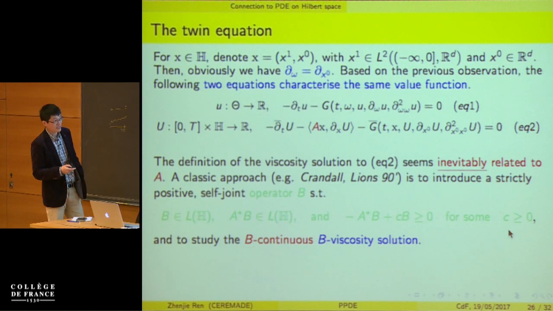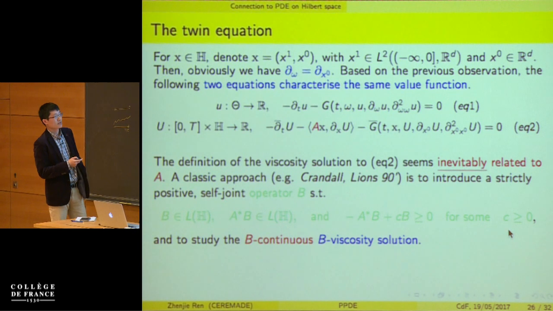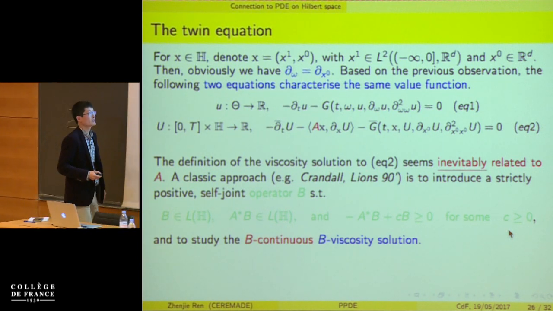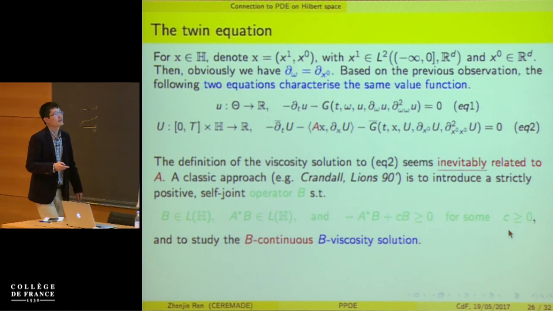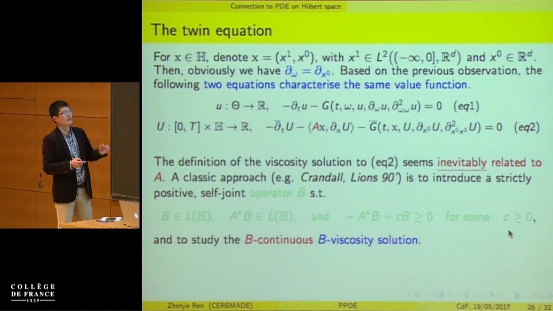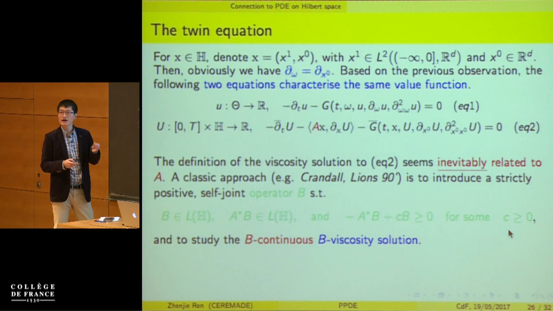This is the so-called weak B condition. We don't need to read the detail here. That's why I put it in green. The point is, the definition of B depends on A.